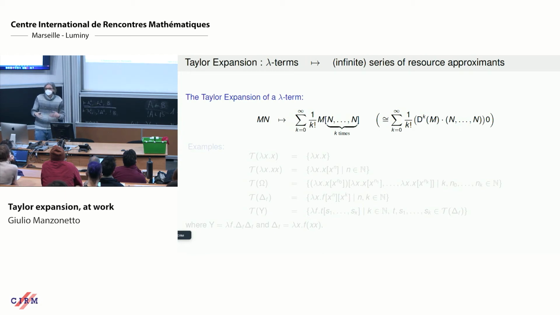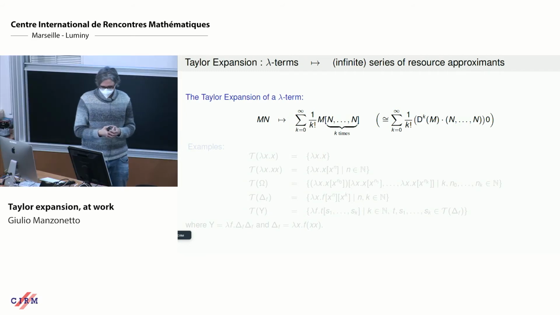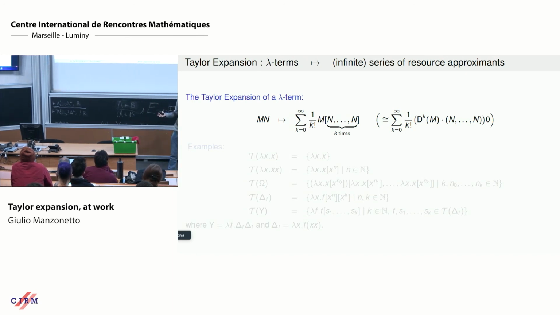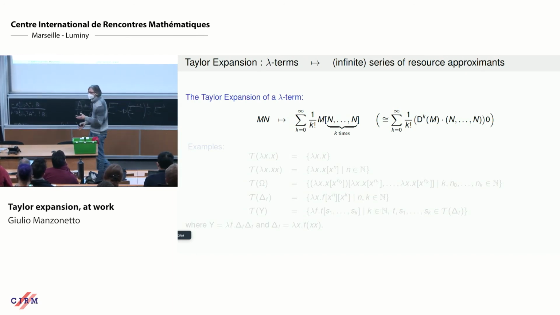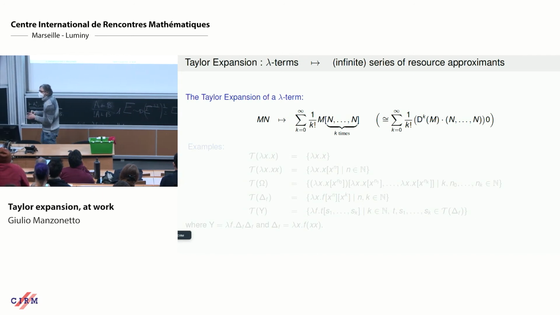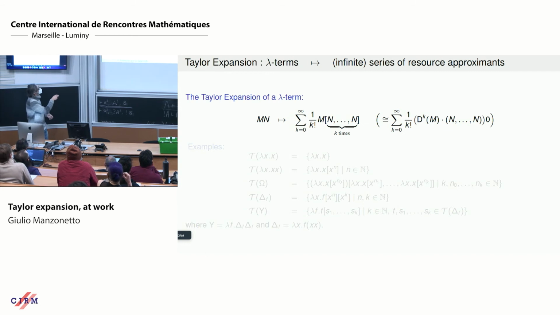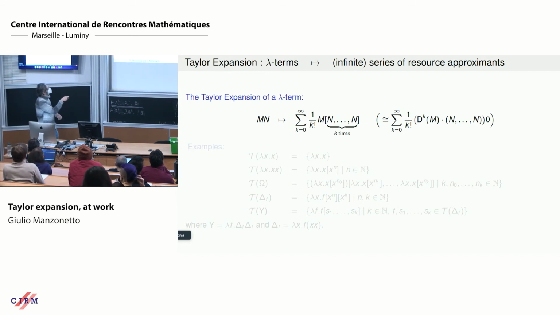The question is, again, how many copies do I need to give to m? And the point is that it depends on m. We don't know a priori how many times m is going to use n during the reduction to a value. And so we need to consider all possibilities. That's why we take the sum over all possible k's.